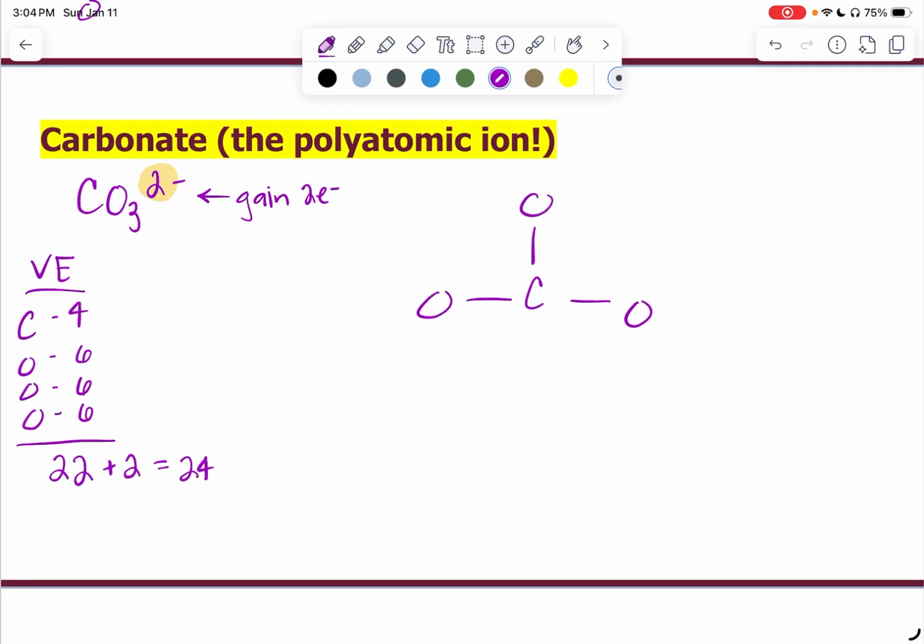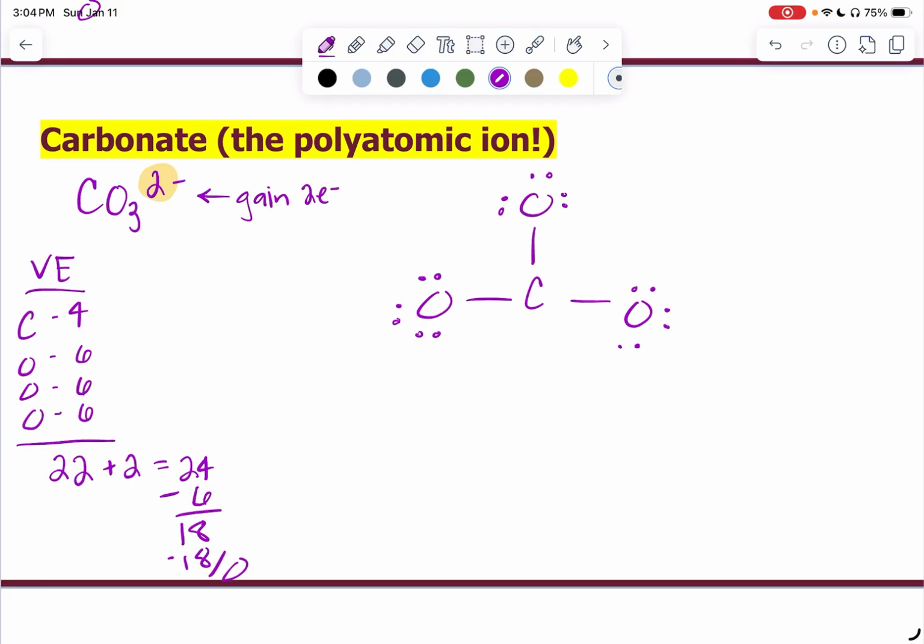Connect with single bonds. From 24, we've used up 6. So that is 18. Then I'm going to sprinkle around 1, 2, 3, 4, 5, 6, 7, 8, 9, 10, 11, 12, 13, 14, 15, 16, 17, 18.